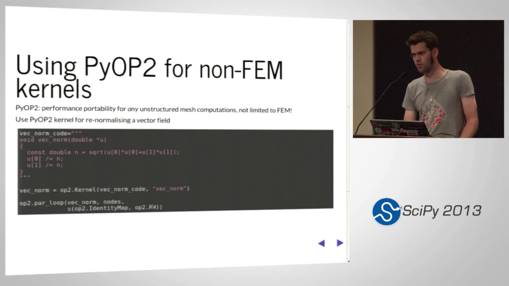And since you both read the nodal values and you write them, the mode is read-write. And this mode is important for the scheduling, because when you never read values, we don't need to stage them in for reading, and if you don't write them, we don't need to stage them out after they've been computed. That's why we need to know.